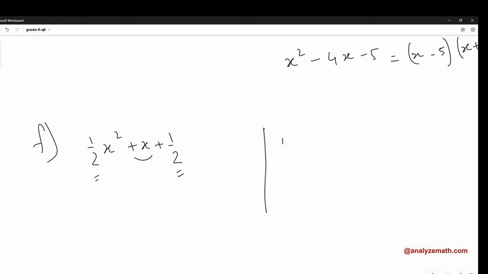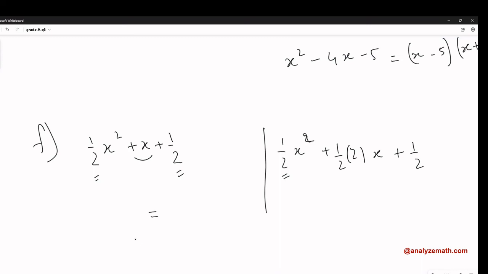So my expression is 1x². How can I write x with the half? 1/2 of 2 gives me 1. So the coefficient of x is 1, I write it as 1/2 multiplied by 2. That gives me 1. Good.